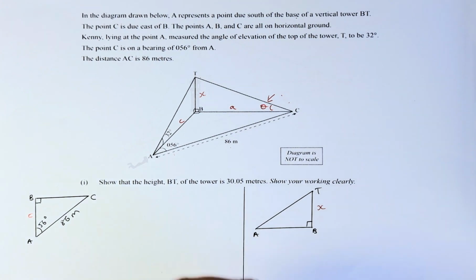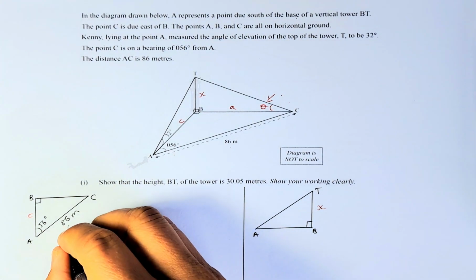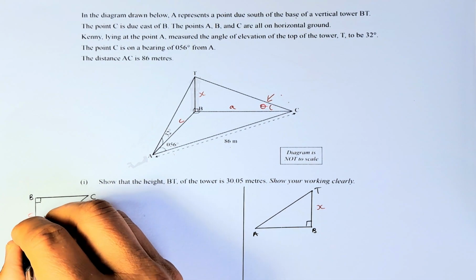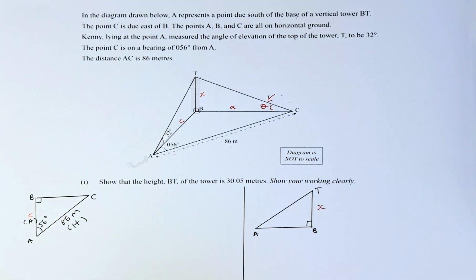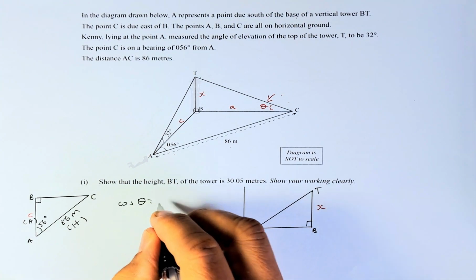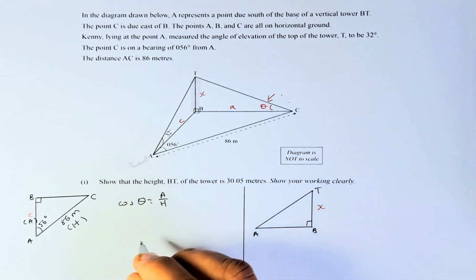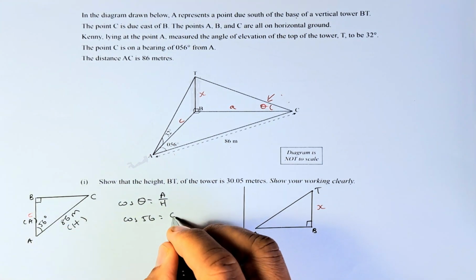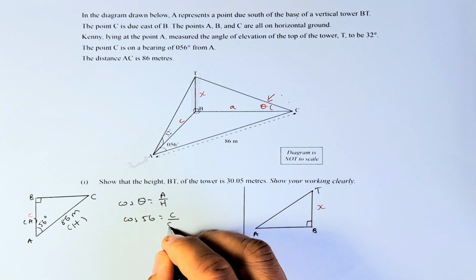86 is the hypotenuse because it's the longer side, opposite 90 degrees, and C is the adjacent. So we use cosine 56, or cosine theta is A over H. Now we substitute the numbers: cosine 56, A is the unknown C, and the hypotenuse is 86.